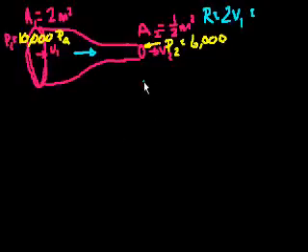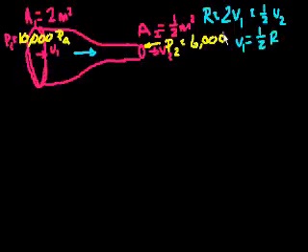And that also equals the output area times the output velocity, so it equals 1/2 v2. Then we can rewrite this: v1 is equal to 1/2 R, and v2 is equal to 2R. So this immediately tells us that v2 is coming out at a faster rate, just based on the size of the openings.